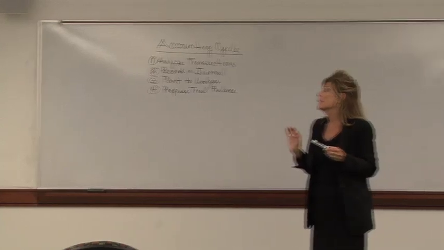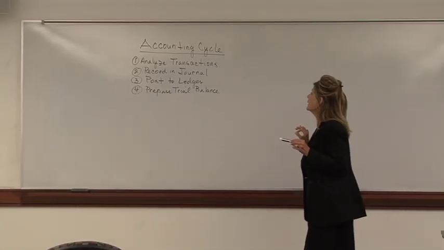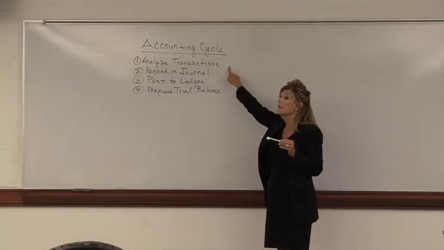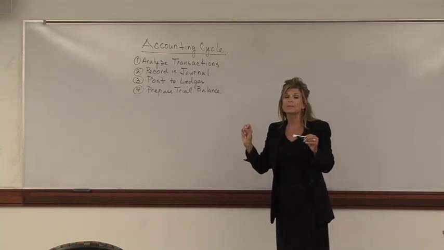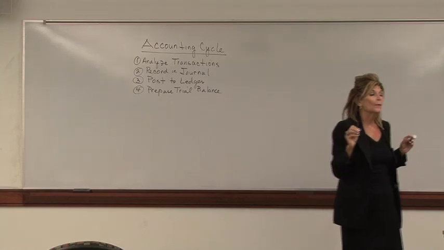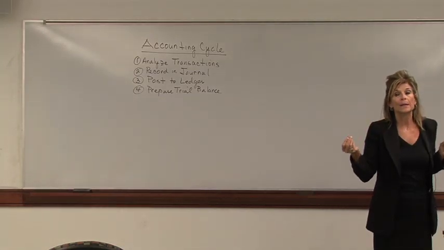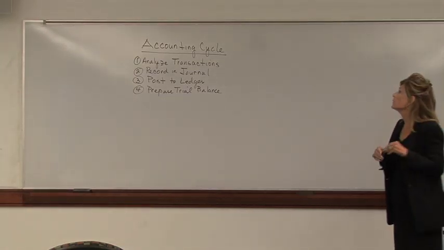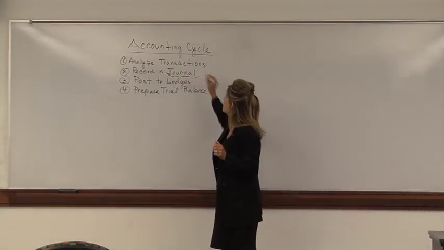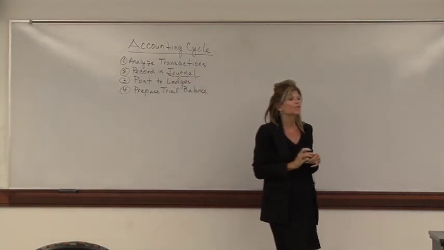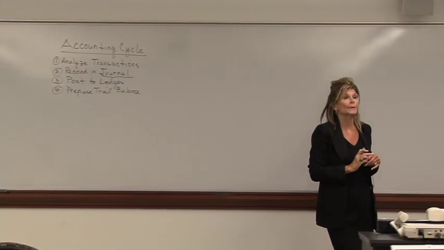We also discussed yesterday that when we analyze transactions, not only do we have to identify the accounts and what happened, but also whether or not we are debiting or crediting. Because when we begin to write down what happened, we record in what we call the journal, the book of original entry.